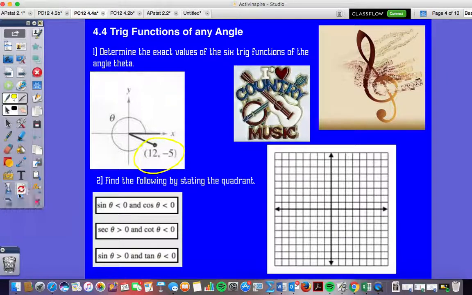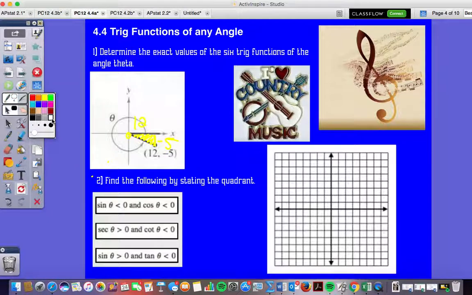So when we go to actually attack this, we're going to create a little triangle right in there. Just like so. So how far to the right does it go from the origin? 12. Good. How far, what is this side? Negative 5. Good. And what do I need to do to find the third side? Pythagoras, right?